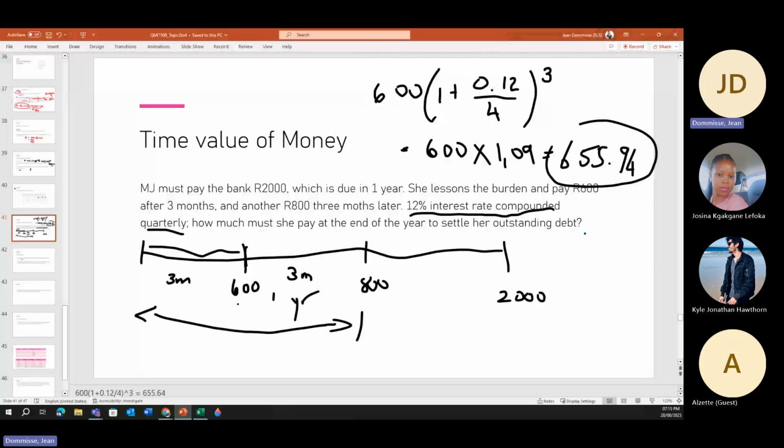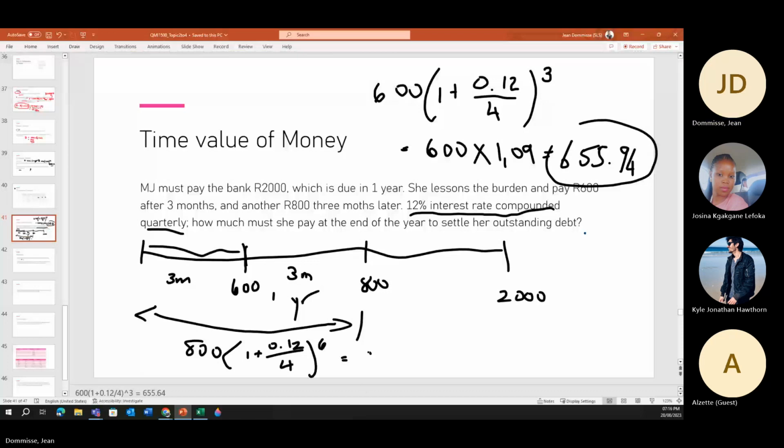We're just now sitting with 6 months. So 800 times 1 plus 0.12 divided by 4 because it's quarterly, but now it is 6 months. So if we work out that answer, 0.12 divided by 4 plus 1, it becomes 1.03 to the power of 6, which is 1.19, times 800.